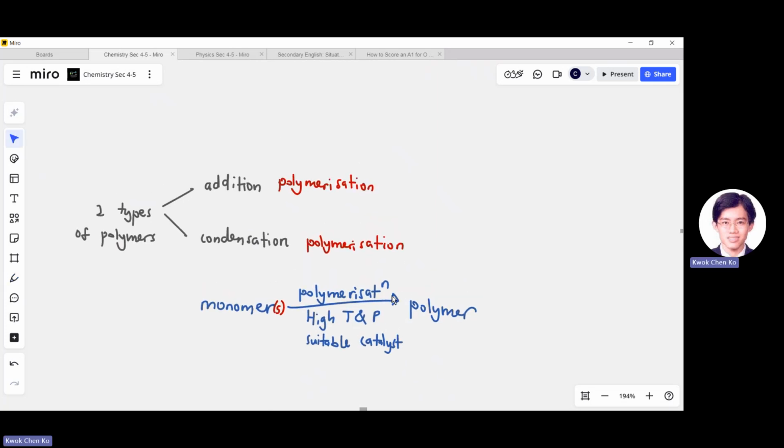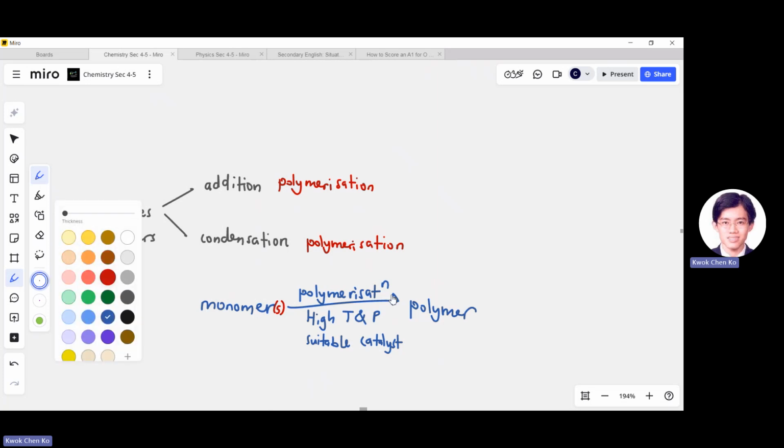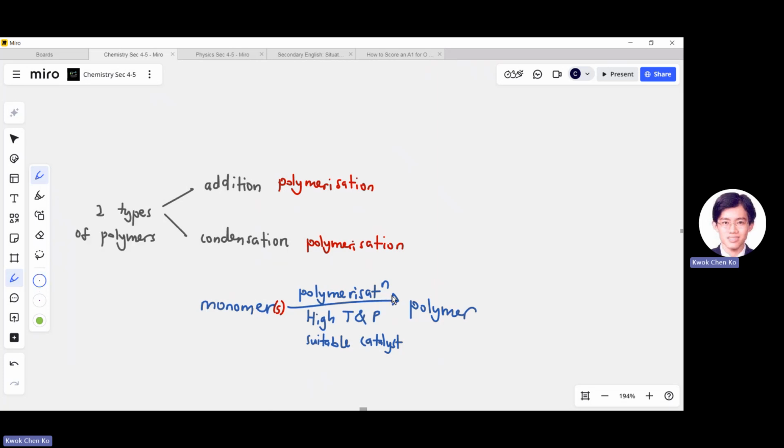Okay, but let's go back to his earlier answer. Just now he mentioned polyester. Polyester is a condensation polymer. The other type in your syllabus for condensation polymer is polyamide.